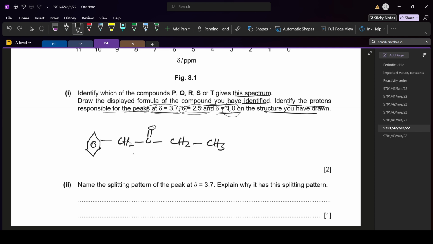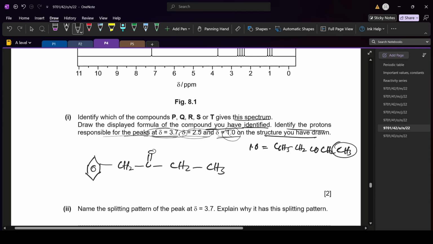So this is R: C6H5, then CH2, then COCH2CH3. These hydrogens, the CH3, are responsible for the triplet at the chemical shift of 1.